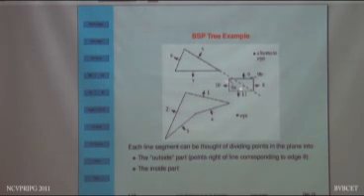Each line segment can be thought of as dividing points in a plane into an outside part and an inside part. Okay, so let's focus on line segment number 5. We take the line segment 5 and we think of the line 5, which extends the line segment. And here is a point I, right?